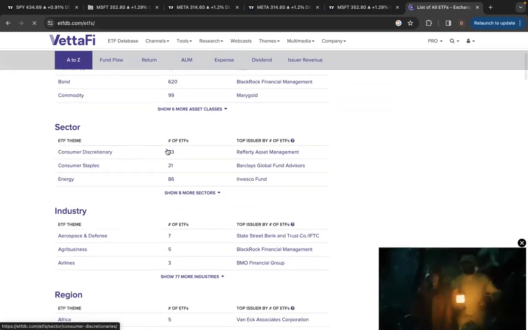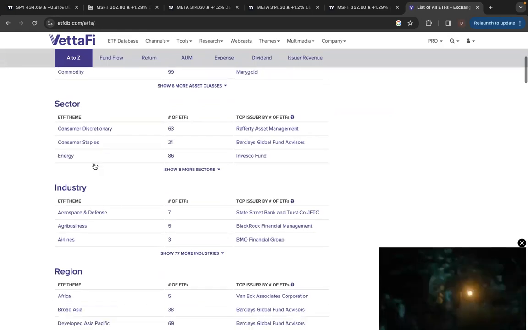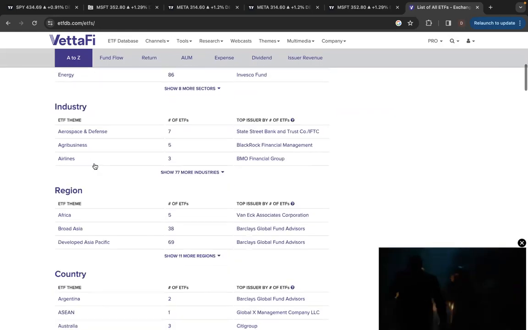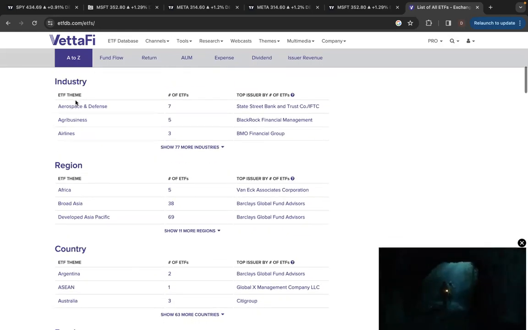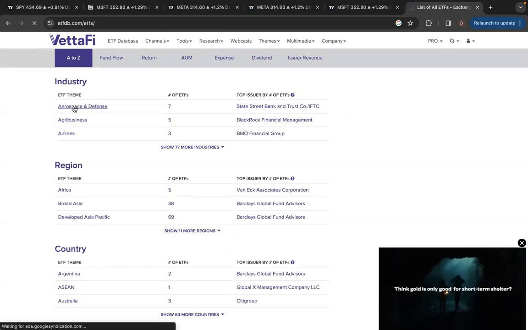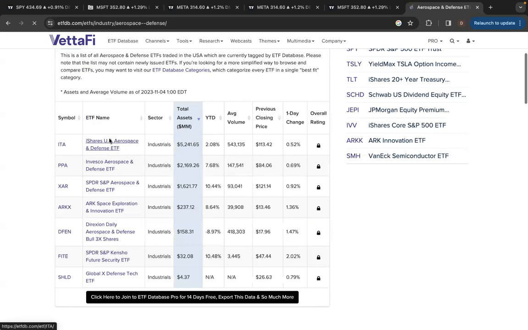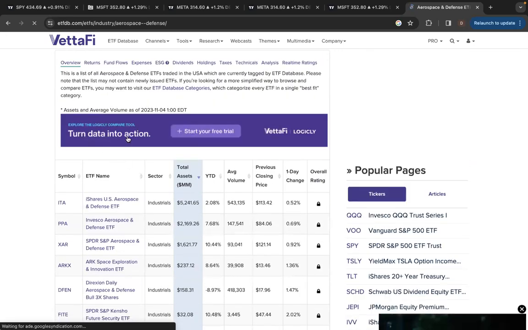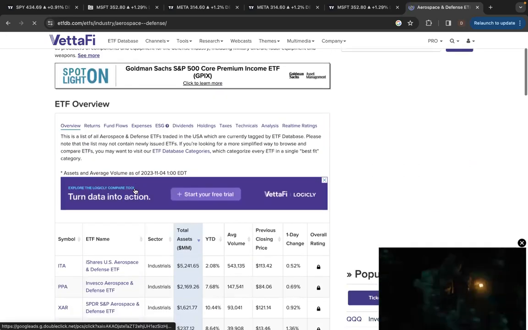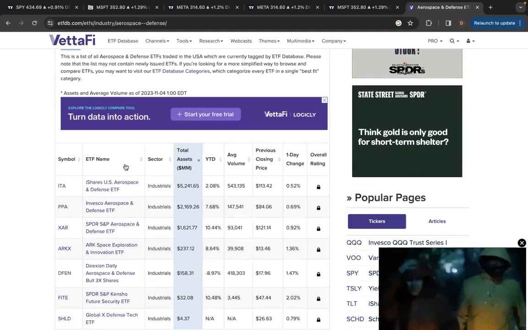So these are the S&P ETFs. These are the different ETFs for those sectors.